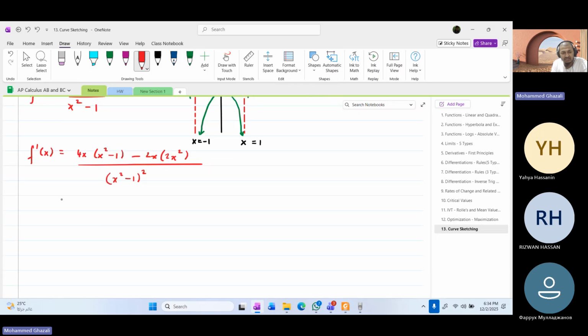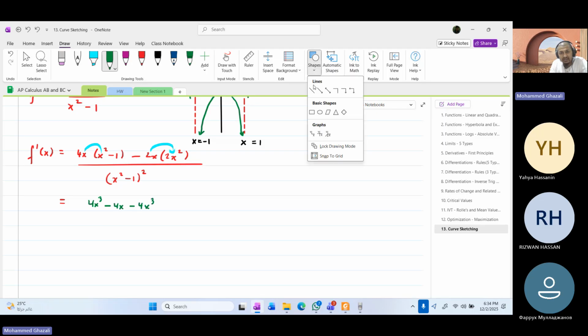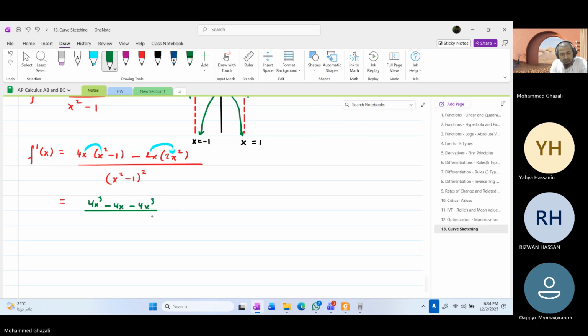Now you have to simplify. That's the thing about curve sketching. So you're getting 4x cubed minus 4x cubed. That cancels out, right? If you open this up, you get 4x cubed, and if you open this up, you get 4x cubed. Everything cancels out. So all you're left with is 4x cubed minus 4x minus 4x cubed, divided by, for the bottom, you have to factor the denominator: x minus 1 squared, x plus 1 squared, because it's part of your critical points.